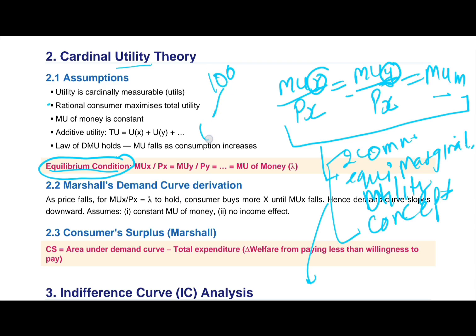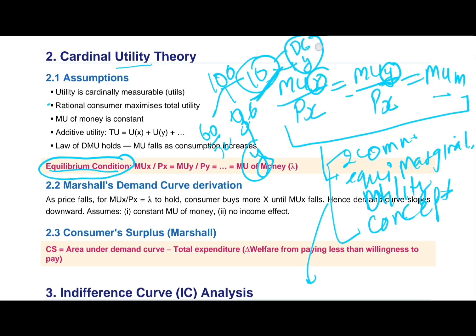Out of this, I have spent 60 on x and 30 on y. For the last 10 rupees, whether I spend it on x or on y, both give me the same utility. This is the equi-marginal utility concept.